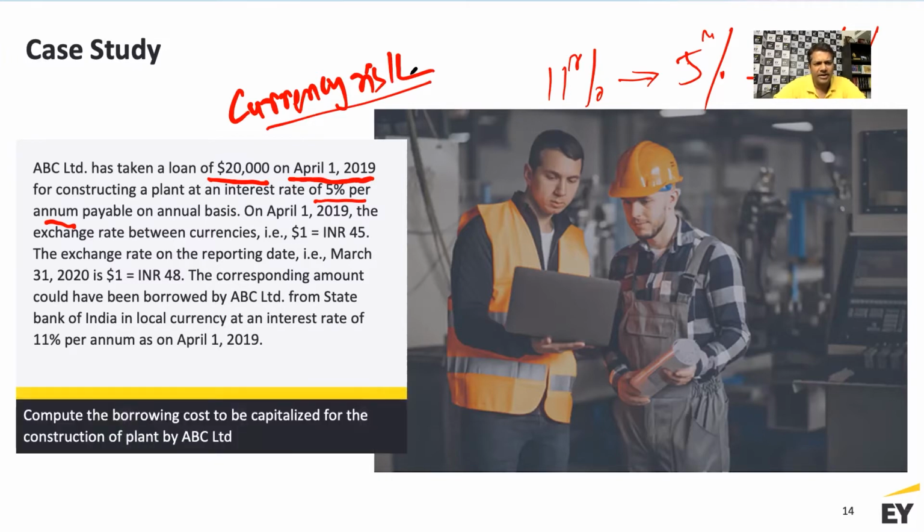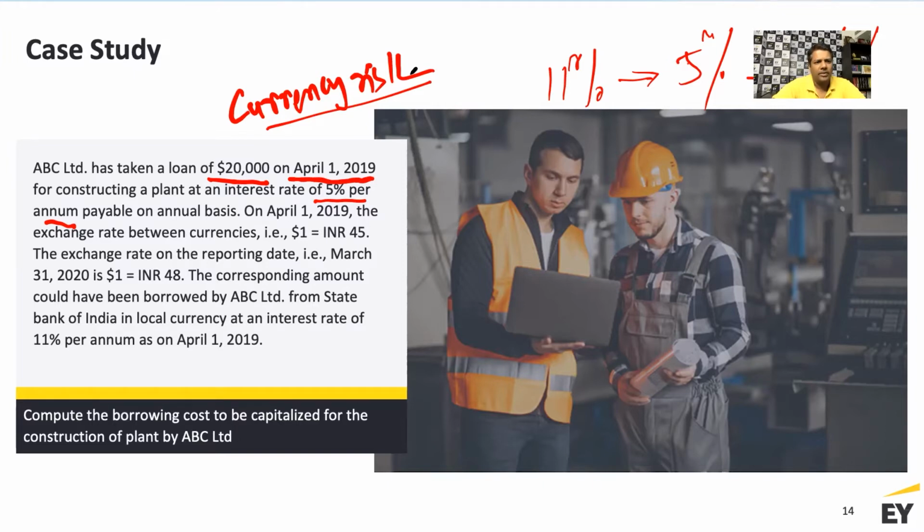So the question here is, compute the borrowing cost to be capitalized for the construction of the plant by ABC Limited. How much is the borrowing cost which is eligible for capitalization in this example? How much money have I borrowed here? $20,000. What is the rate of interest I am paying? 5%.